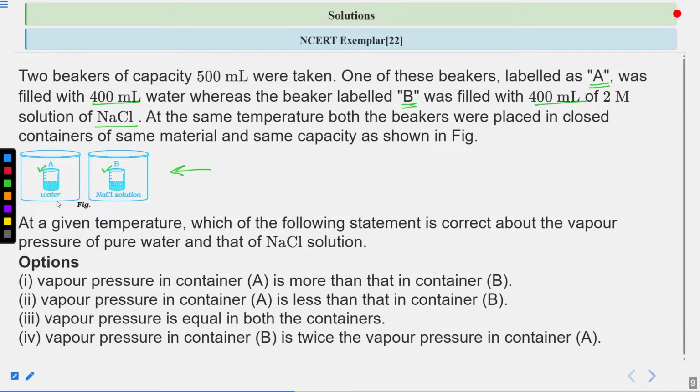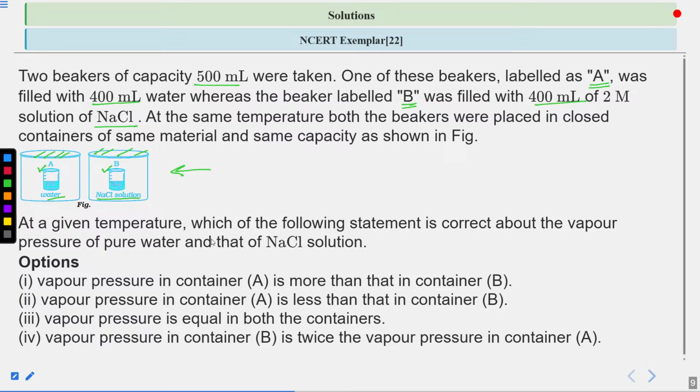One beaker contained the water. The capacity of the beakers is given as 500 ml. The beaker labeled A has 400 milliliter water in it, and the beaker B is filled with 400 ml of 2 molar concentration of sodium chloride solution. Now, at the same temperature conditions, both are placed in a closed container. This container is closed from here, and is made of the same material as the beaker and the same capacity.